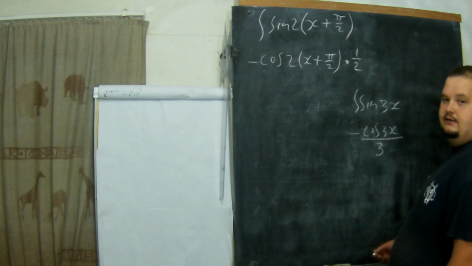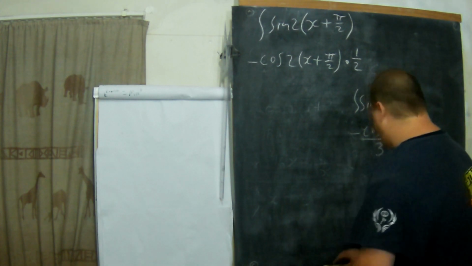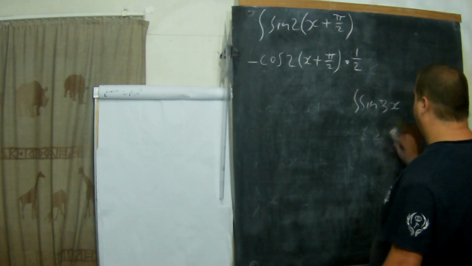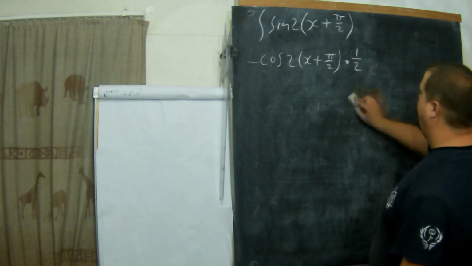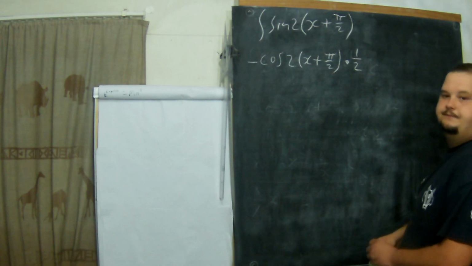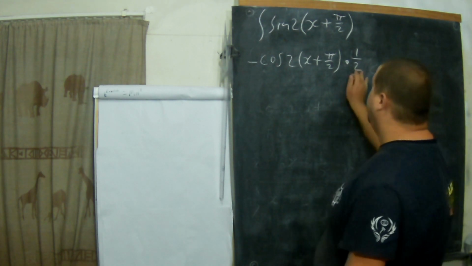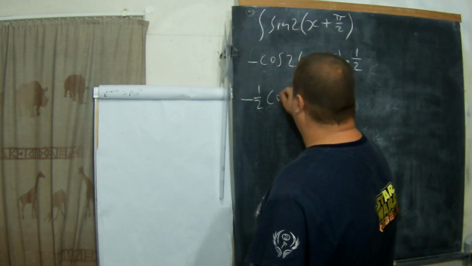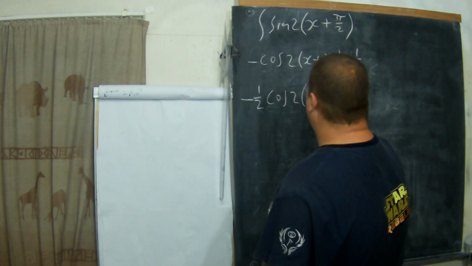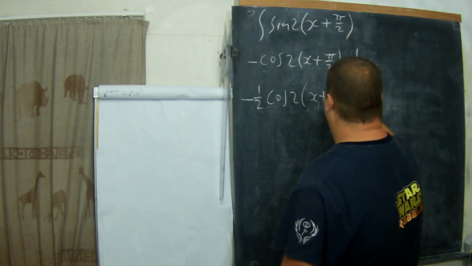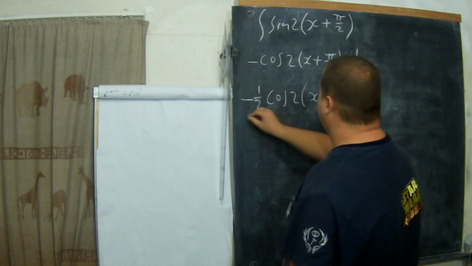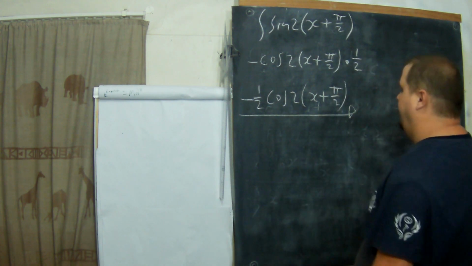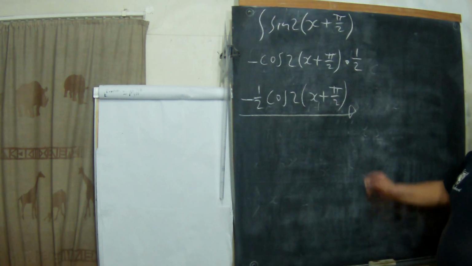That's how you would write it. I'm just applying that same principle here. So we're going to say minus a half cos of 2x plus pi over 2. And that is our final answer.